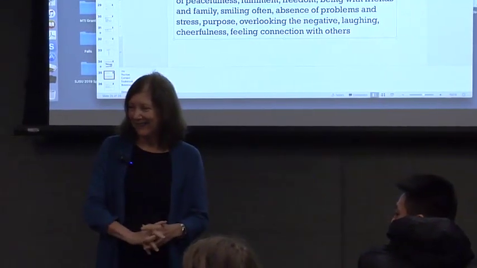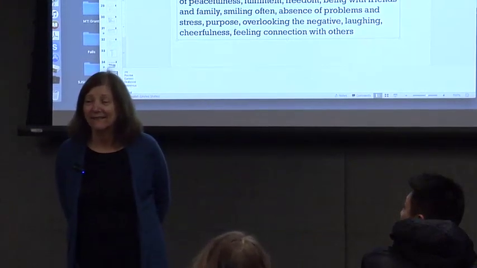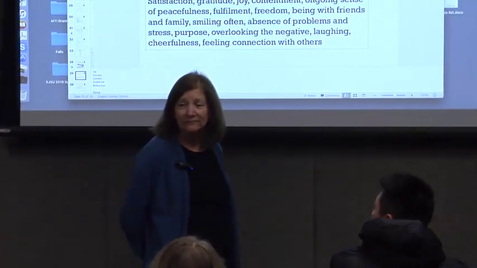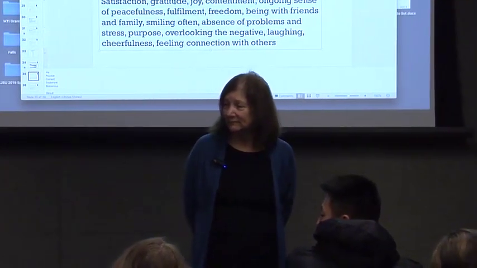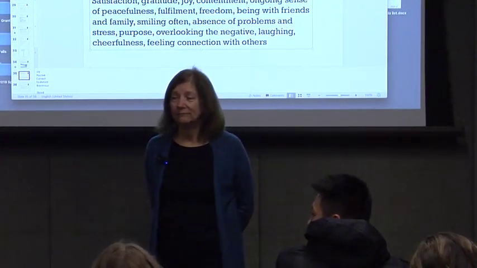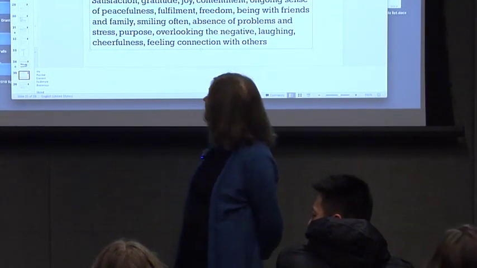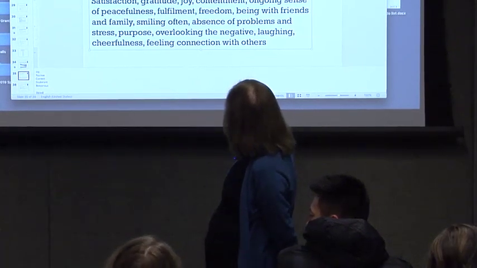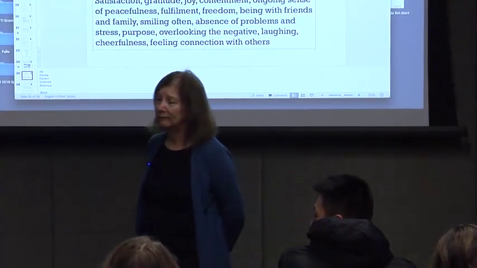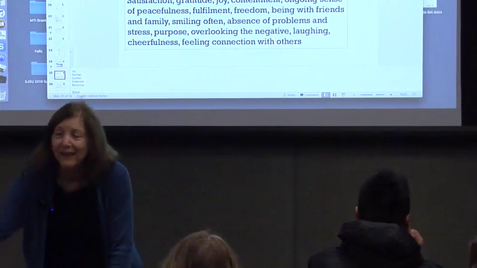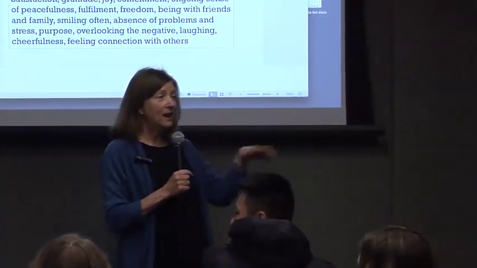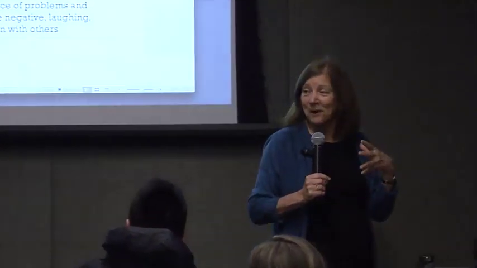We had six. Gratitude was just alone, but we loosely put freedom with absence of problems, so we had some difficulty. We might have even had more than six. We weren't finished. All right, like we talked about, it's an iterative process. You go through and come up with more, or you collapse some and talk about it.